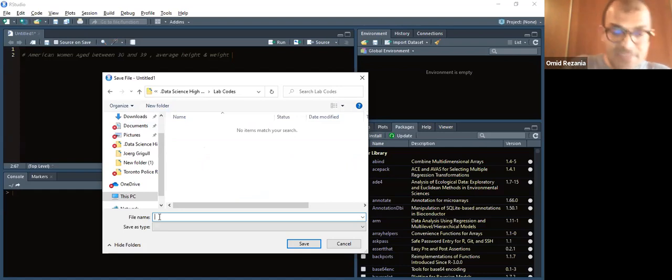The file is going to be women, and I put .r. It is very crucial that I save my file name with the .r because next time when you open it, it opens into R Studio or any platform that you run the R. The name can be anything. You can call it Monday or anything you want. Then you press save.